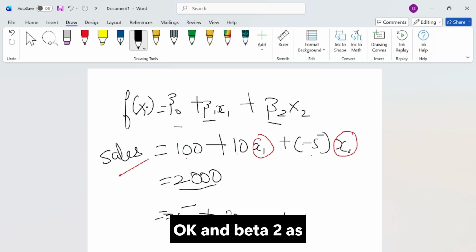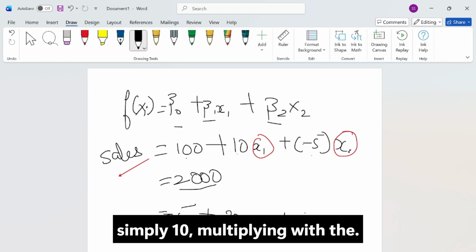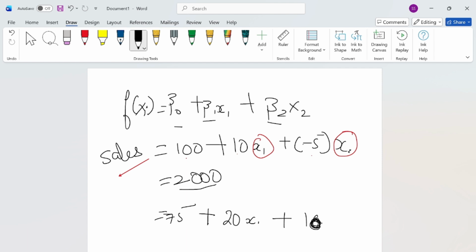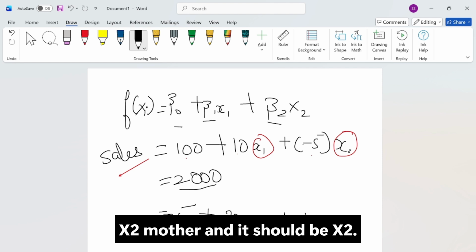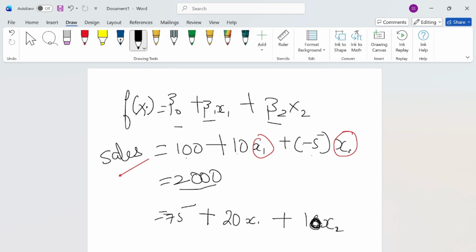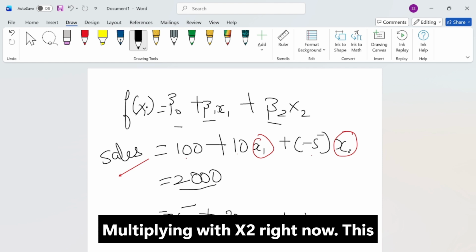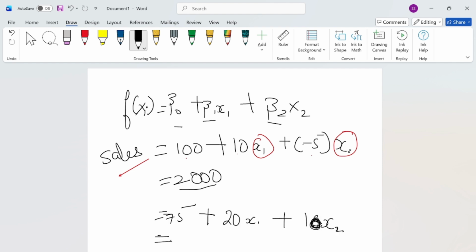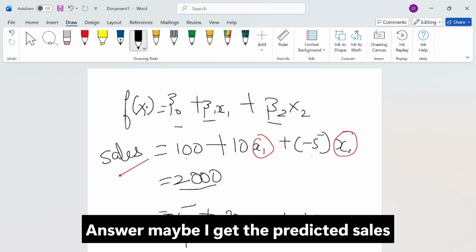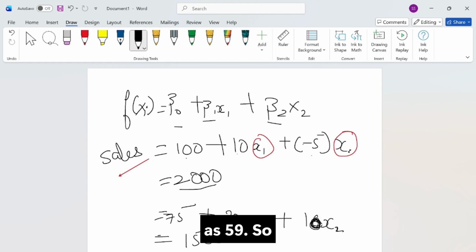Okay, and beta 2 as simply 10, multiplying with the factor x1 or x2, my bad, it should be x2. Is that okay? Multiplying with x2, right? Now, this time when I calculate the answer, maybe I get the predicted sales as 1500. I hope you got my point.